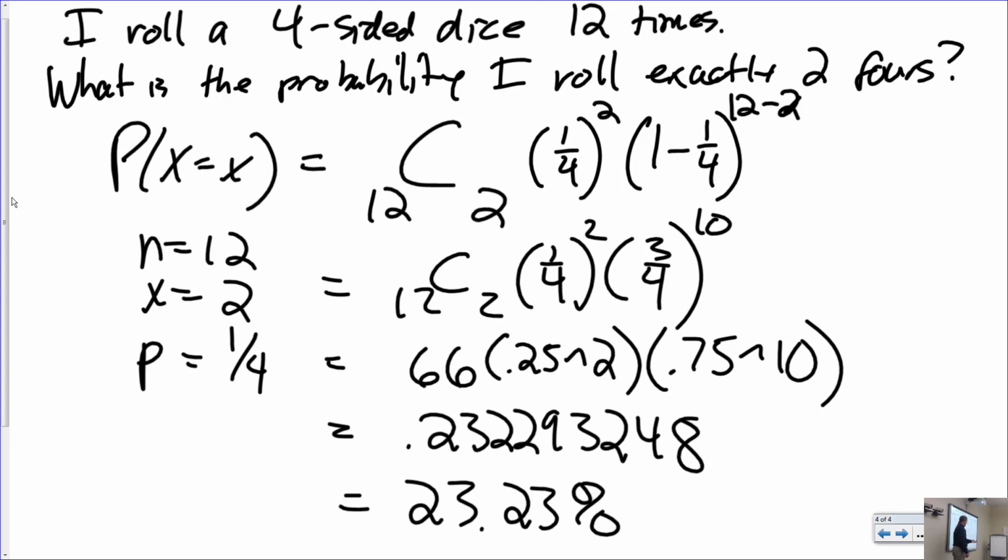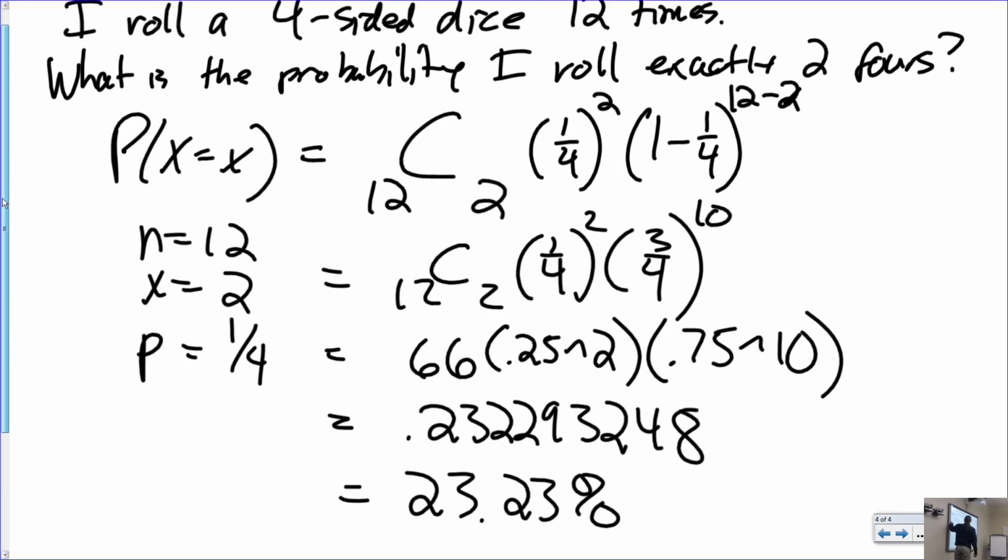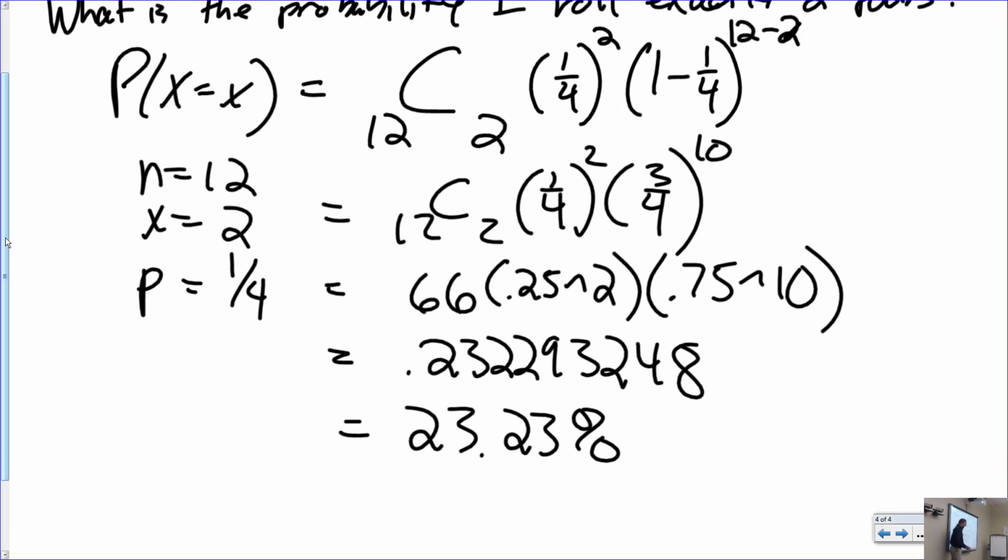Because 1/4 of the time you will roll a 4, and so 1/4 times 12, you expect to be around 3. So the fact that you're only getting 2 of them, that should be relatively common-ish. It's not 50-50, but it is 3-1, 25% of the time. It's not that unlikely of an event, right?